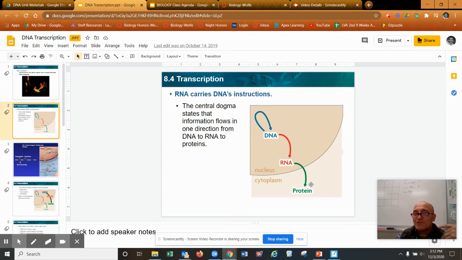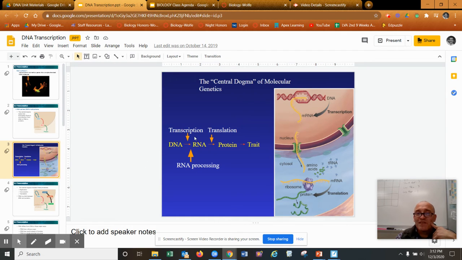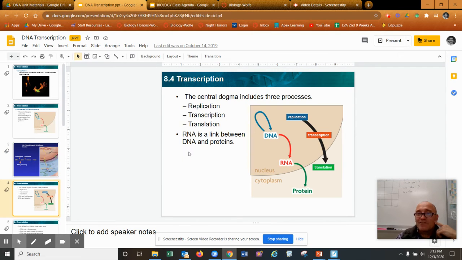The amino acids are put together. So the first step of going from DNA to RNA is called transcription. And the second step of going from RNA to protein is called translation. That's what we're talking about right now: transcription and translation.